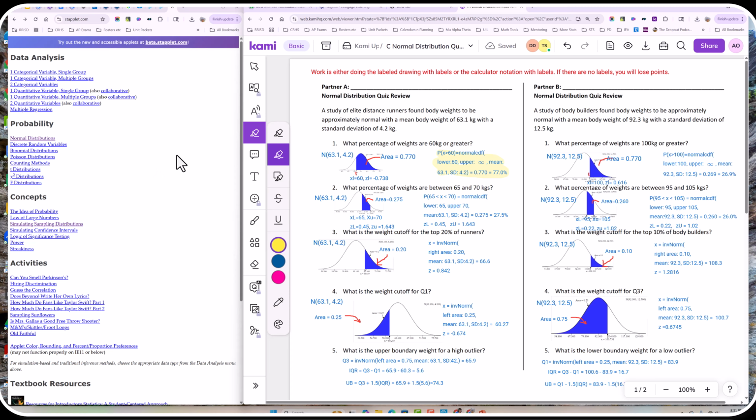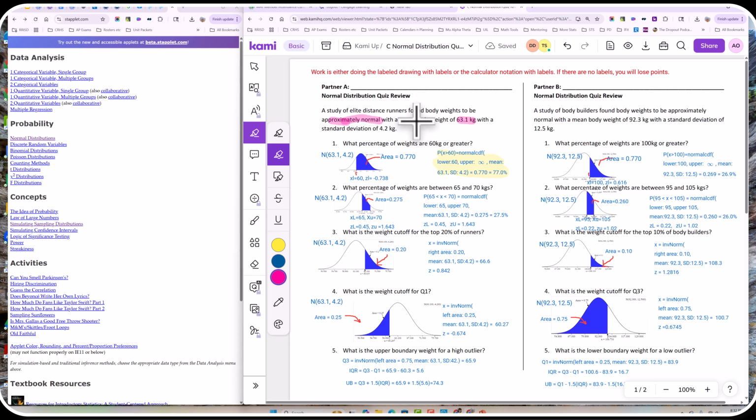Okay, so we have a study of elite distance runners found body weights to be approximately normal with a mean body weight of 63.1 kilograms with a standard deviation of 4.2 kilograms. So again, this is approximately normal, and that means I can use a normal distribution.